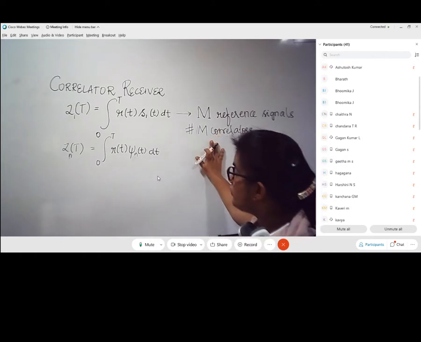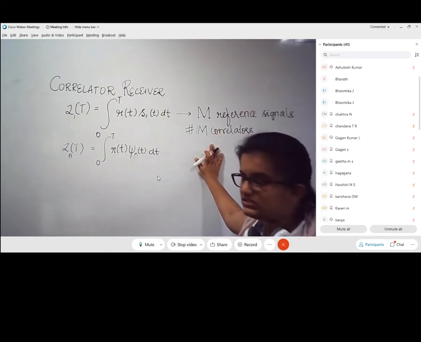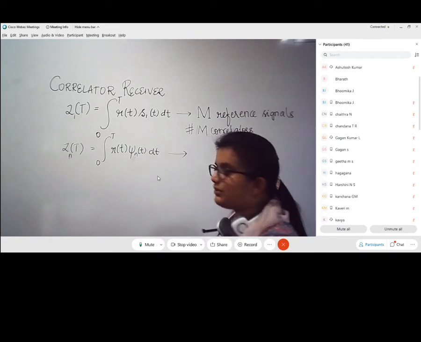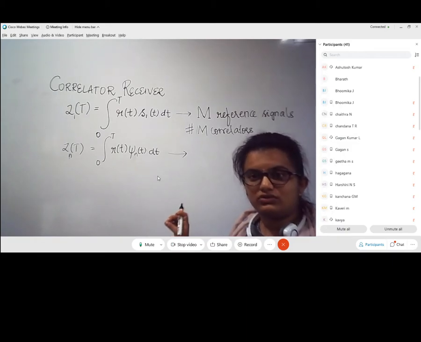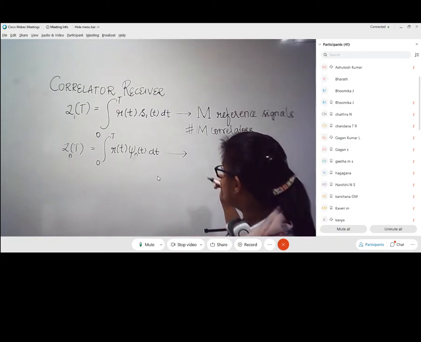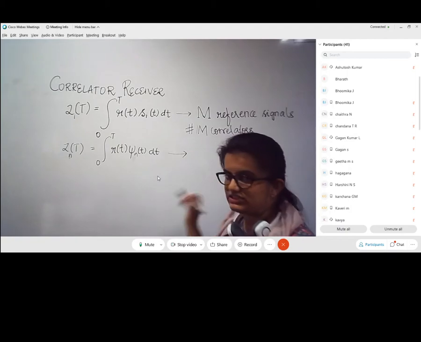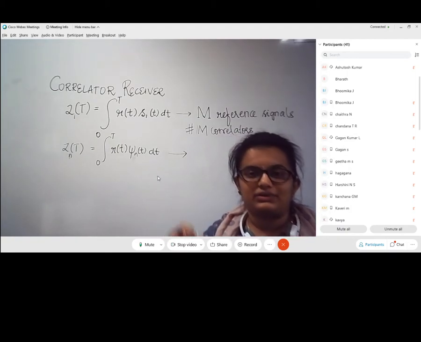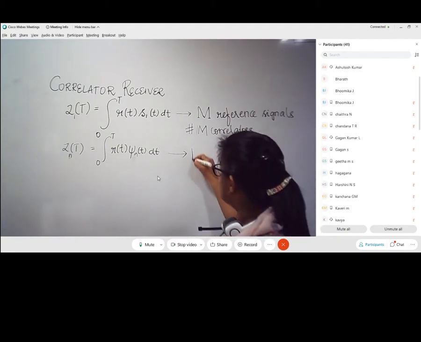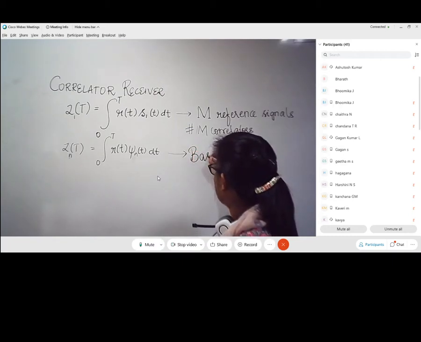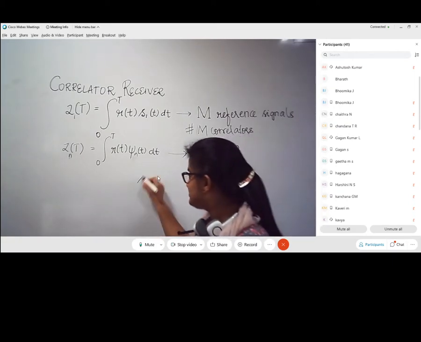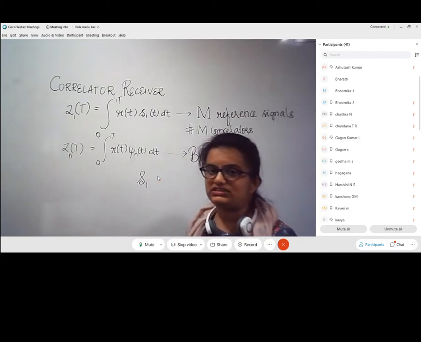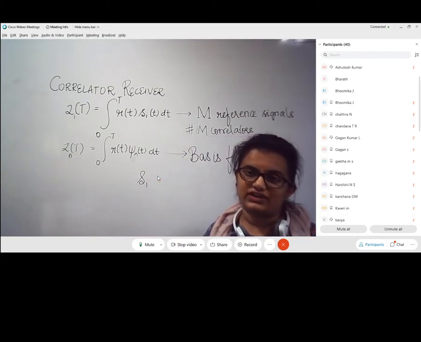In order to overcome this scenario, we are going to reduce the number of correlators used to do the detection process. How do we reduce it? Instead of using the symbols themselves as reference signals, we make use of reference signals called basis functions. We have seen in the beginning of the classes that each and every symbol Si can be represented using an n-dimensional orthogonal vector space.